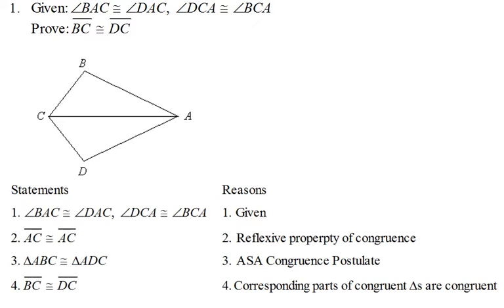Okay, so here are the answers. Let's go through this. So the given information, remember, always mark your picture up. Angle BAC is congruent to angle DAC. Angle DCA is congruent to angle BCA. So there's two angles that are congruent.